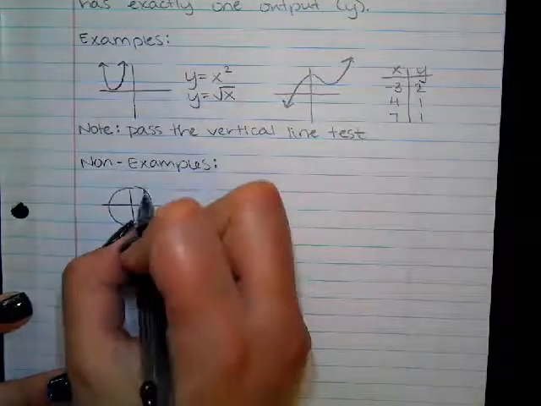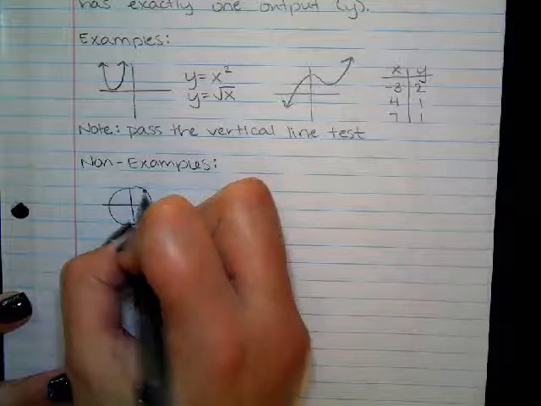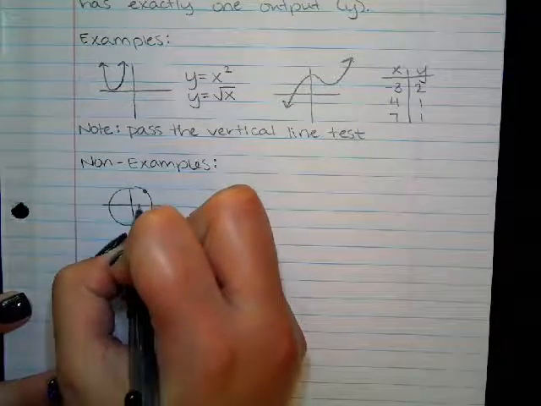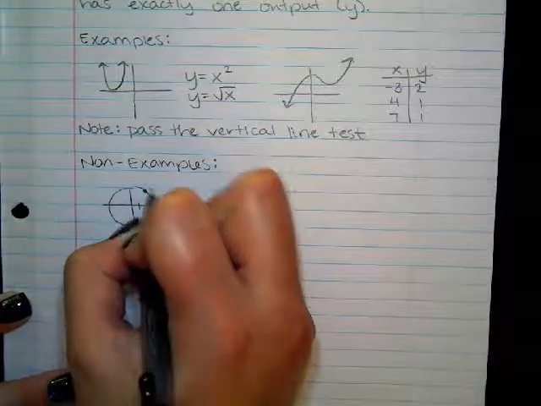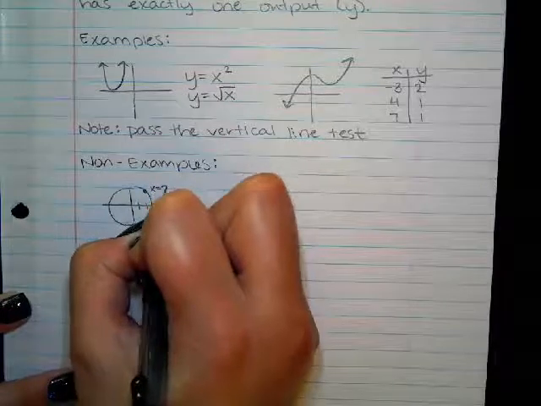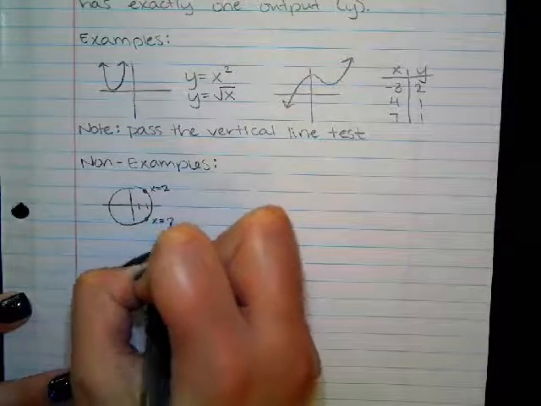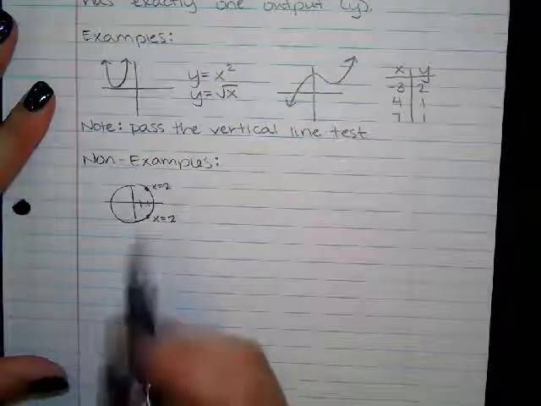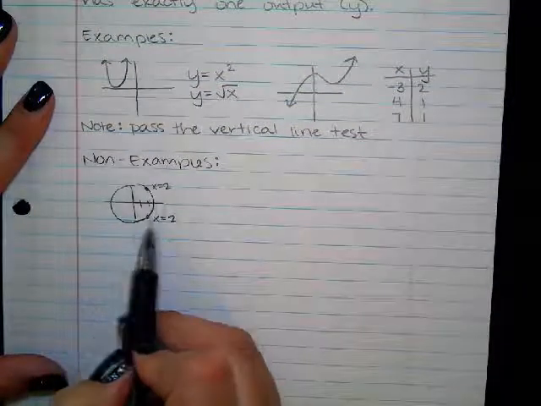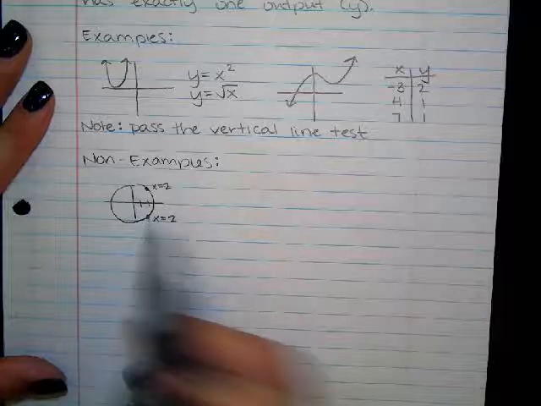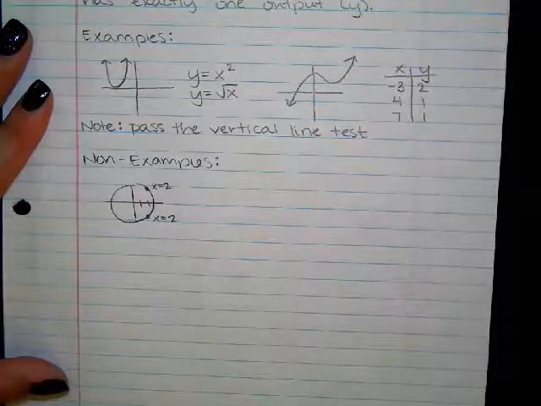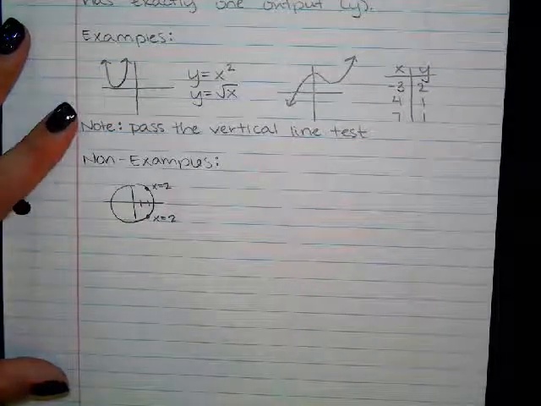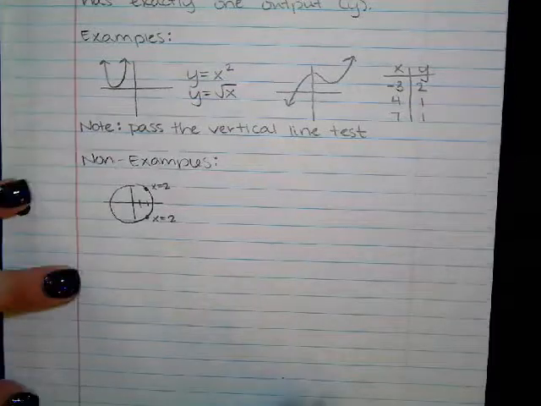And if you can look here, we count 1, 2. This has an x coordinate of 2, and so does this. So they both have the same input, but this point up here would have a positive y coordinate, and this point down here would have a negative y coordinate. So you have the same input, the same x value, with two different y values.